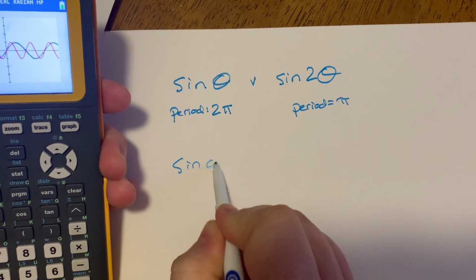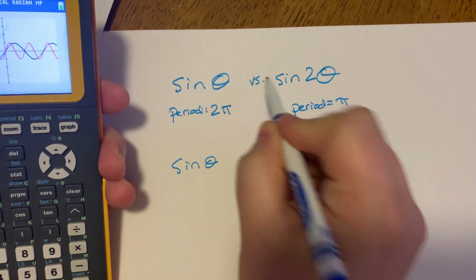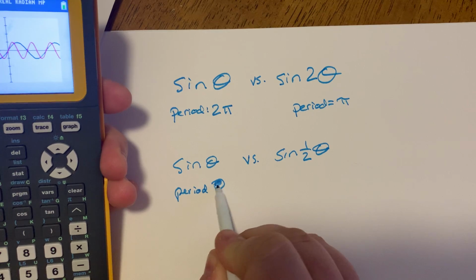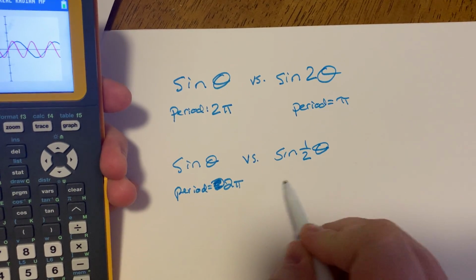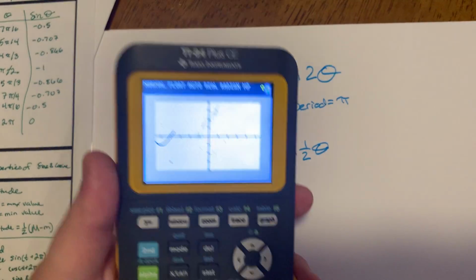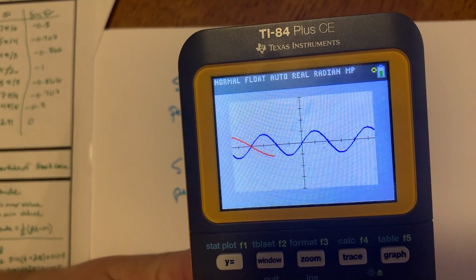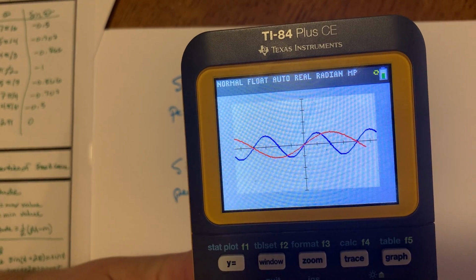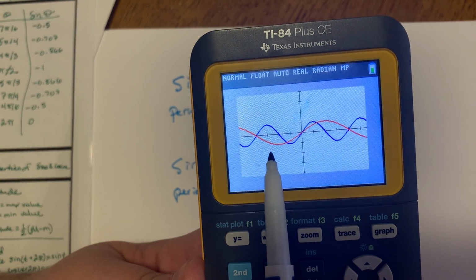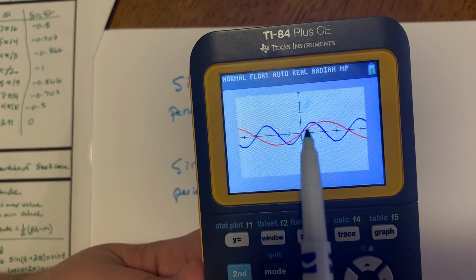Or if we have sine of theta versus sine of a half theta, our period went from 2 pi to, let me redraw our friend, sine of x, and so now it takes a peak to a peak.